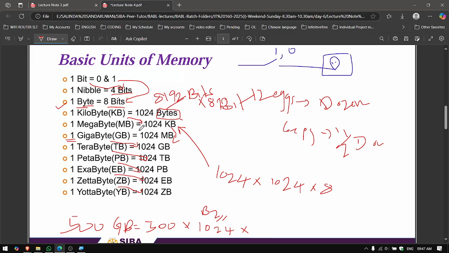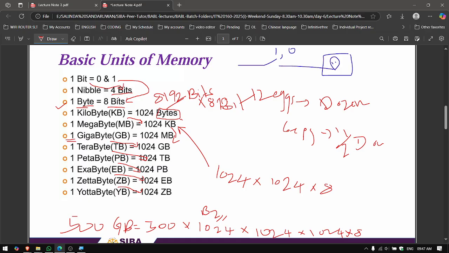megabyte to kilobyte, again 1024, then kilobyte to bytes, again 1024, then bytes to bits, you can convert that with 8, right? So here: gigabyte, megabyte, kilobyte, bytes and bits.